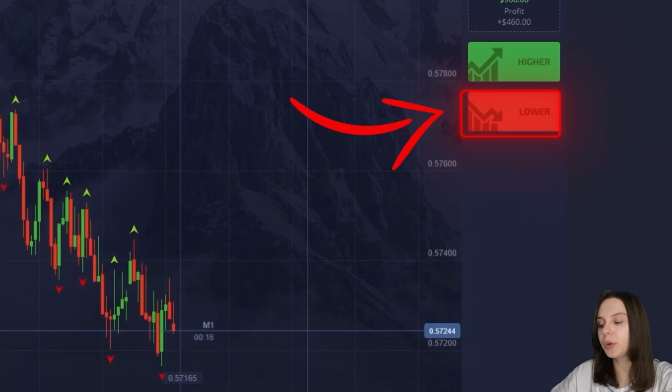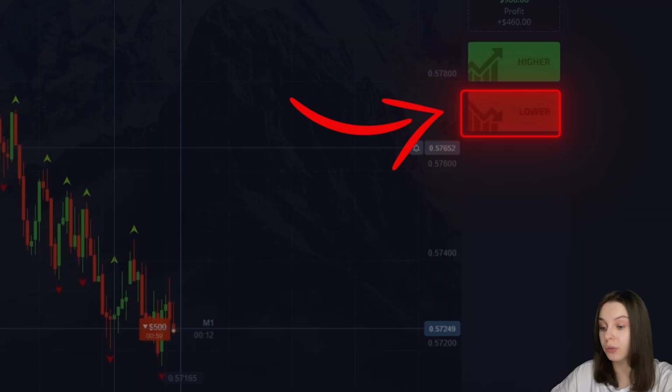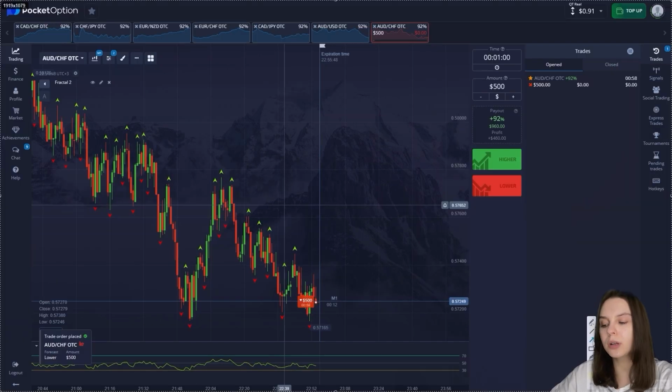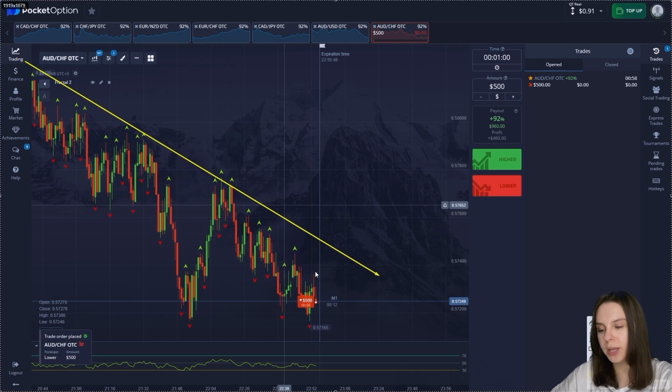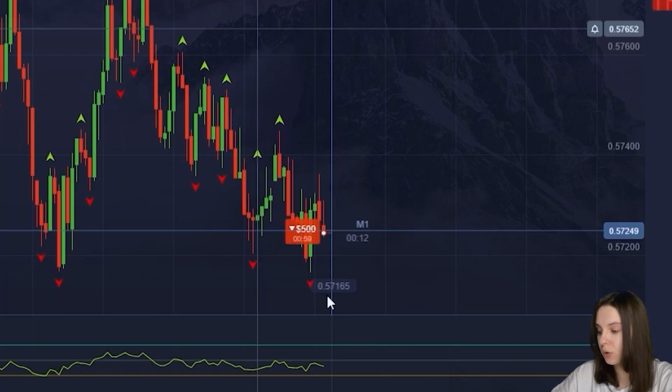Here, dear traders, we will open a downward trade on the last currency pair and proceed to the general analysis. Here we have a global downward trend, also a downward trend of the last period. The last fractal was formed in red, so red at the bottom of the chart. A small uptrend happened, but it ended quite quickly and a downward trend began.